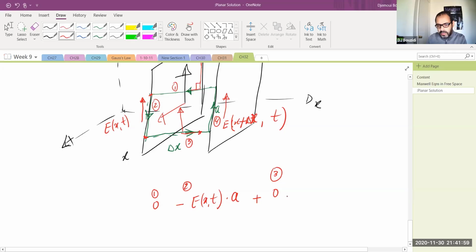For path 4, it's actually a positive number, E, but this E is at a different point in space, at x plus delta x and t, times a.